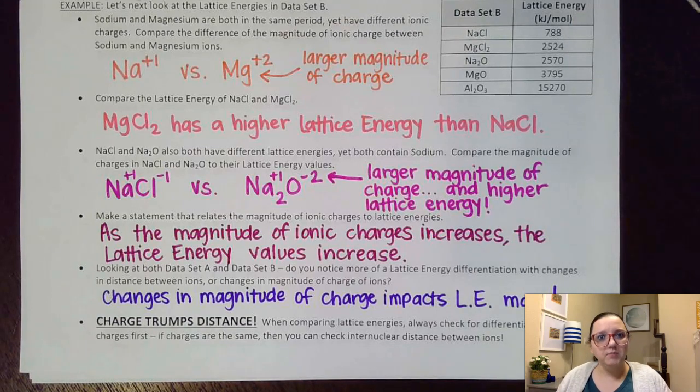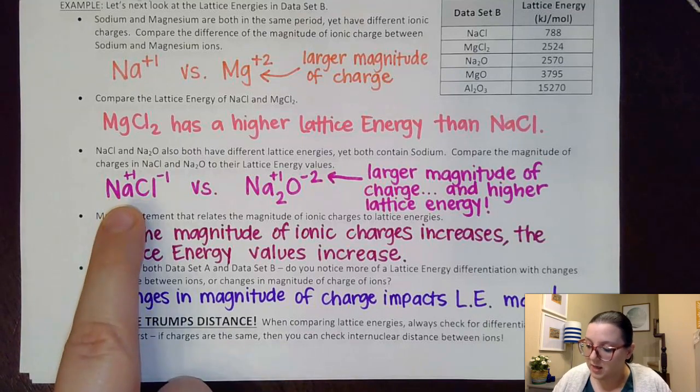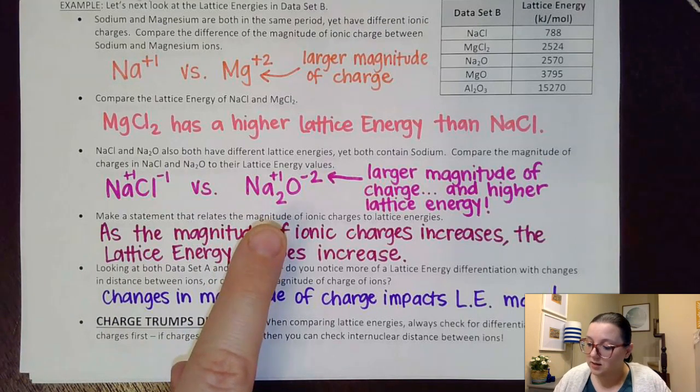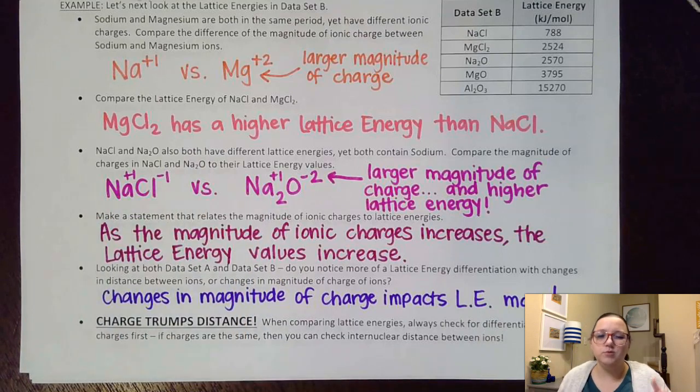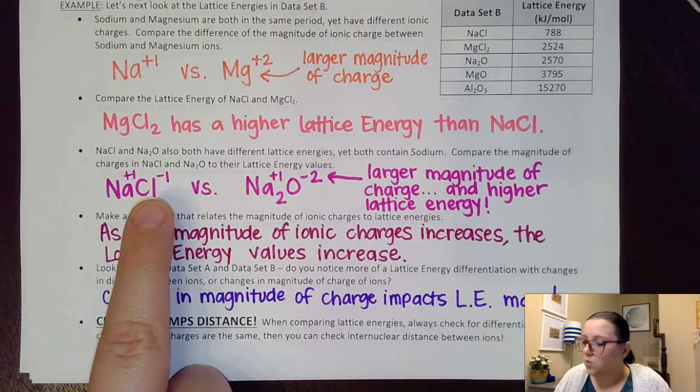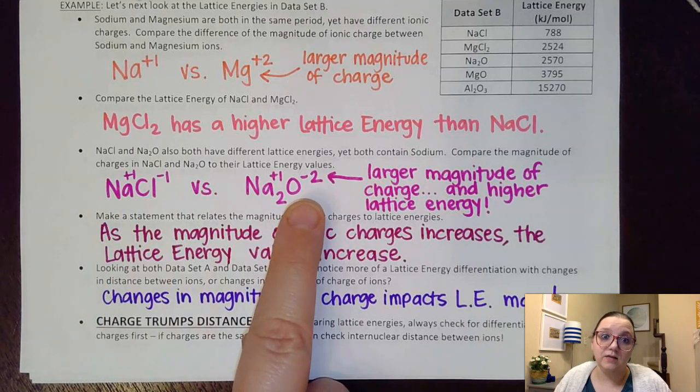Okay, so then it had me compare another two compounds. It said, hey, why don't you compare NaCl and Na2O? Compare both their magnitude of charges and the lattice energies. Okay, well, they both have sodium in it, so those are both +1. So that's not really any different as far as the magnitude of charge is concerned. So then that's where I start looking at the second element. I notice chlorine has -1, whereas oxygen is a -2.